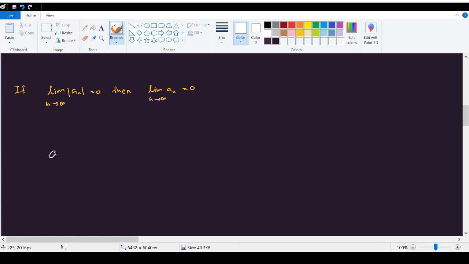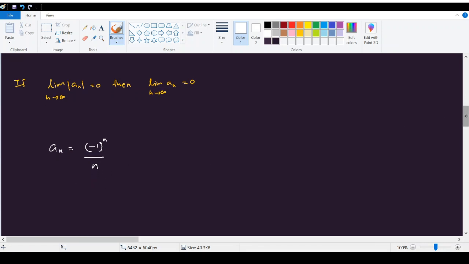So if we consider the sequence (-1)^n divided by n. Now see, this is also an oscillating sequence. I'll explain that part a bit later.